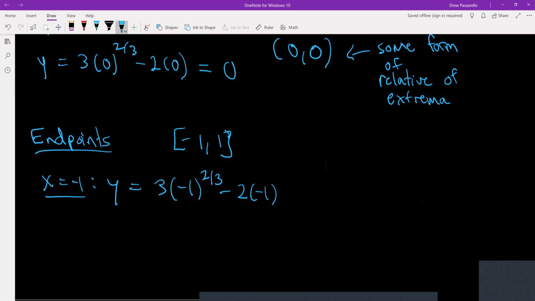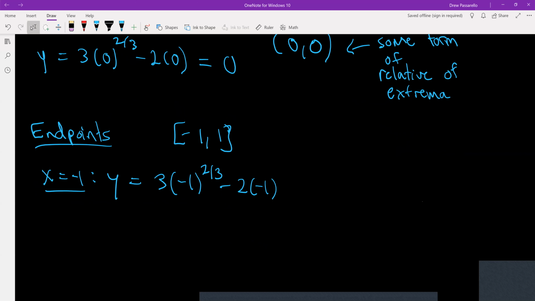Now, if you plugged in negative 1 to the 2/3 in your calculator with the parentheses, that's going to give you 1. So this would be equal to 3 times 1. And then that's going to be plus 2 since that's a negative times a negative. So that's going to give you 5. All right, negative 1 to the 2/3 is positive 1. If you put that in your calculator, you see that's what you get.